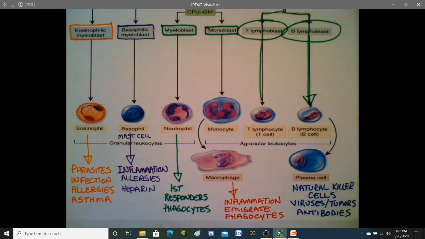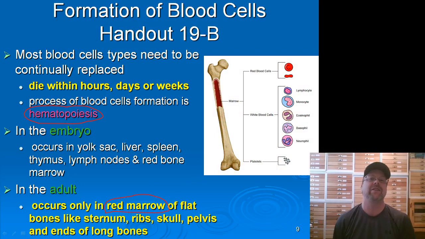Okay. So let's say, for example, that you get infected with coronavirus. The coronavirus is going to be attacked by the group of cells we call T lymphocytes. So they have some cells called cytotoxic T cells, helper T cells, and natural killer cells that are going to attack that virus.